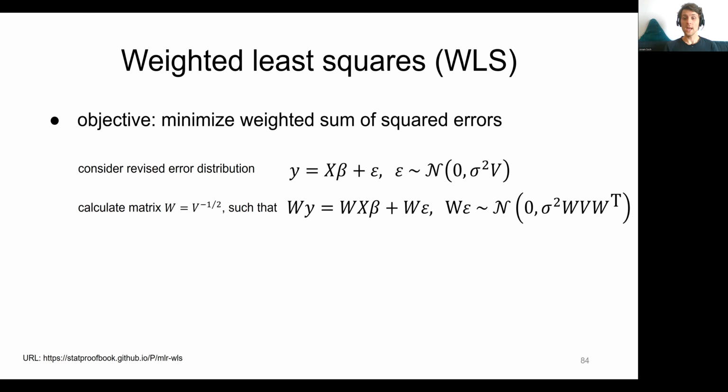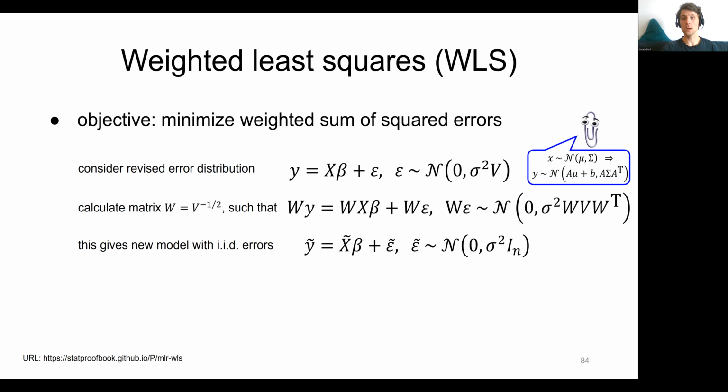And because of the way we have defined this matrix W, this is a result due to the linear transformation theorem, by the way. Due to the way we have defined the matrix W, this gives us a new model with independent and identically distributed errors, because the product W times V times W transpose just evaluates into the identity matrix.